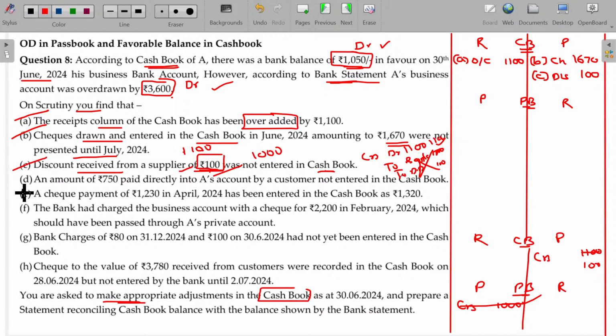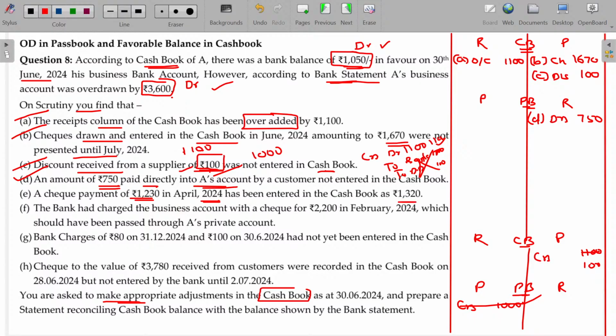A, B, C. B. An amount of 750 paid directly into A's account by a customer not entered. So directly a customer paid in our bank account appears in the receipt side of the passbook only, not in cash book. A check payment of Rs 1,230 in April 24 has been entered in the cash book 1,320.